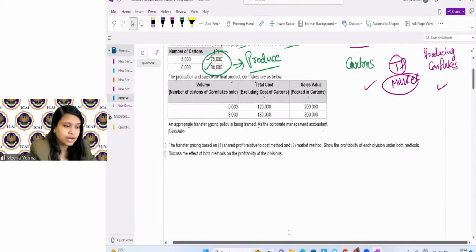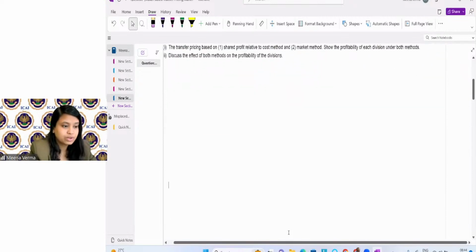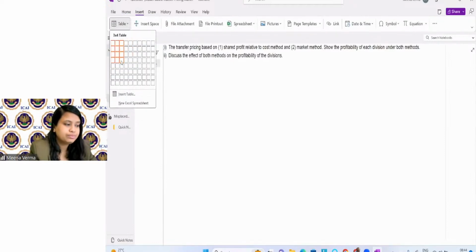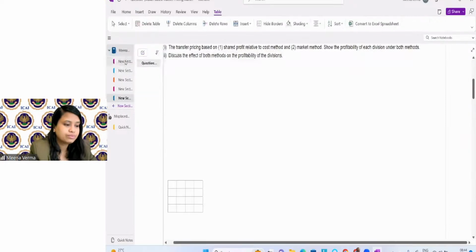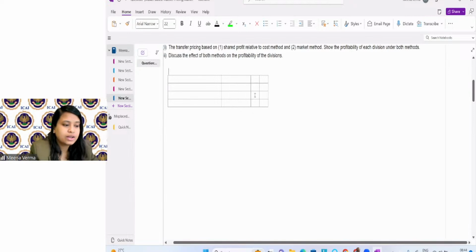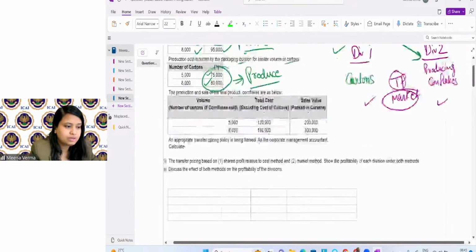What I'm doing here, I have 3 things to consider. Not just 3, I have 6 things to consider. Let me do one thing. I am preparing a table. So what do we have here? We have division, and the total organization's profitability.